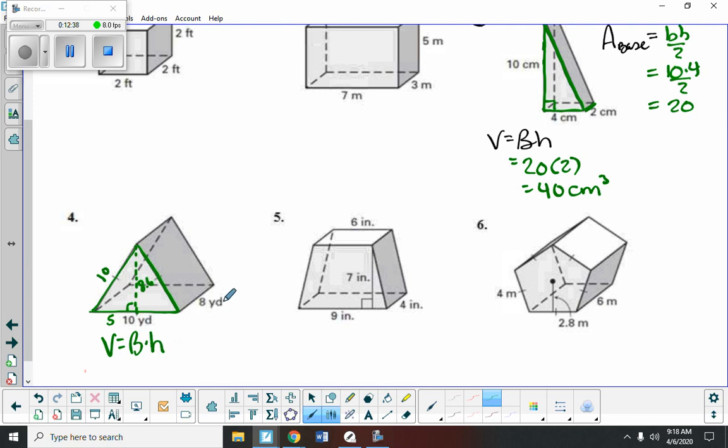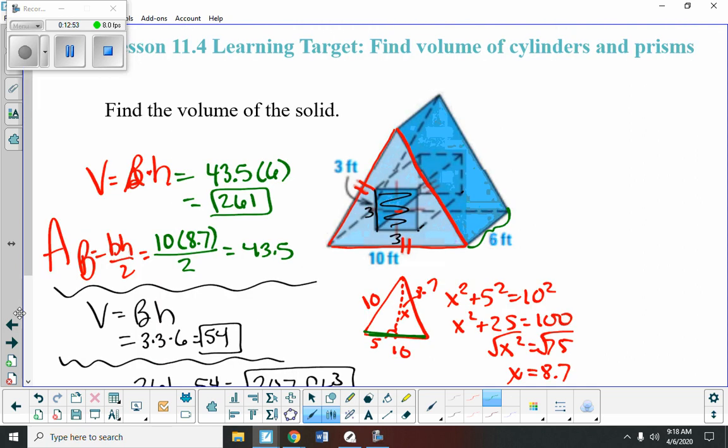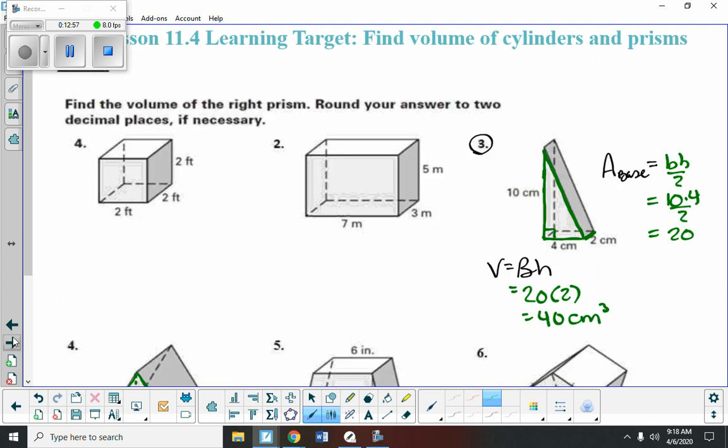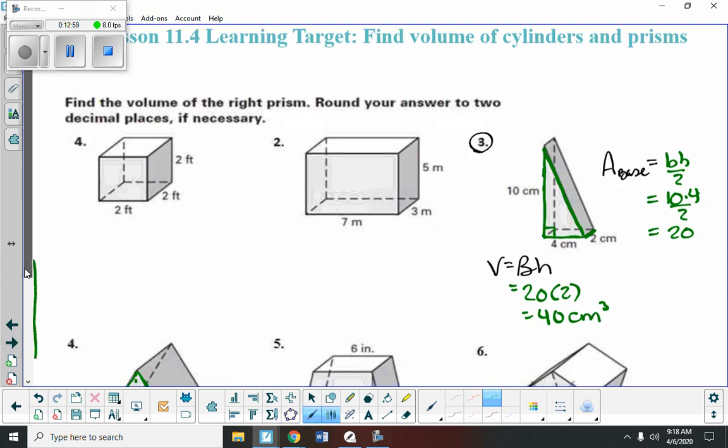And so the area of the base, the base is a triangle, so base times height divided by 2. So the entire base is 10, the height is 8.6, and then divide by 2. So to make sure that I remember those numbers correctly, or 8.7, I wrote it down wrong. Let me fix that.